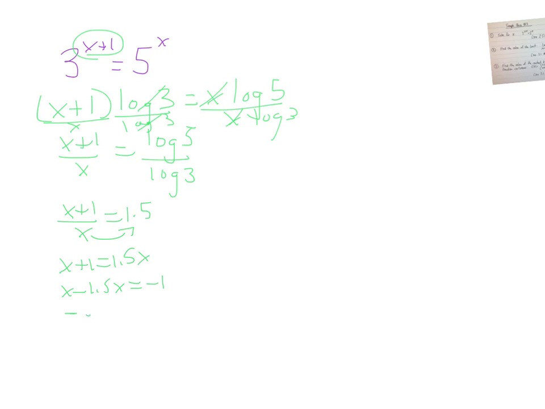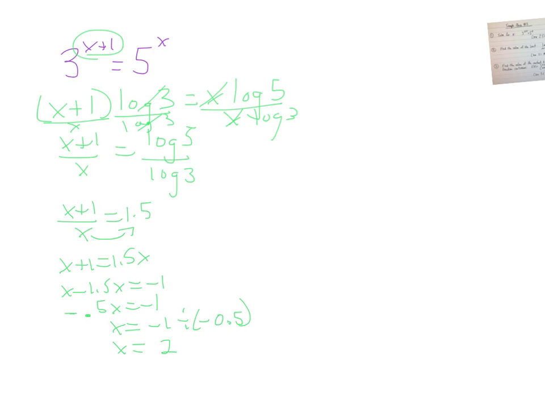So negative 0.5x is equal to negative 1, and x is equal to negative 1 divided by negative 0.5. And if you do that on your calculator, you're asking how many times does 1/2 divide into 1? And the answer is 2, which kind of seems surprising that you get a bigger answer when you're dividing, but that always happens when you're dividing by a decimal that's less than 1.